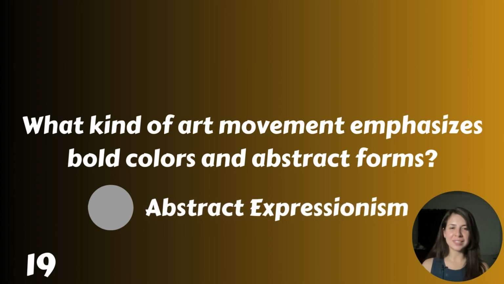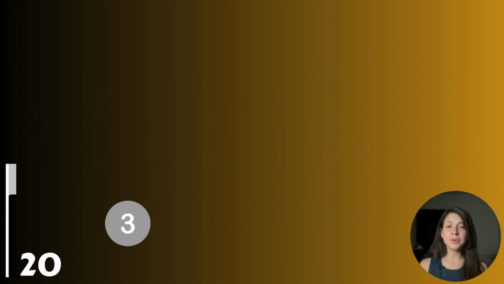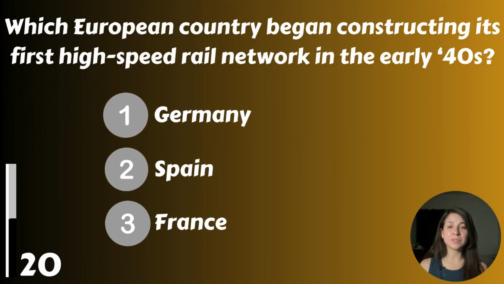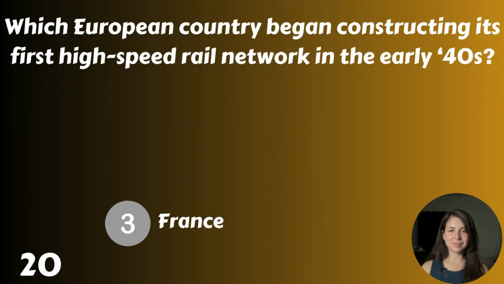Abstract Expressionism. Which European country began constructing its first high-speed rail network in the early 40s? Germany, Spain, or France? France.